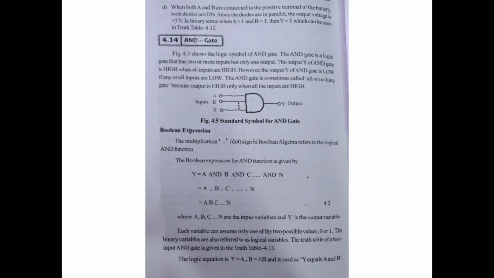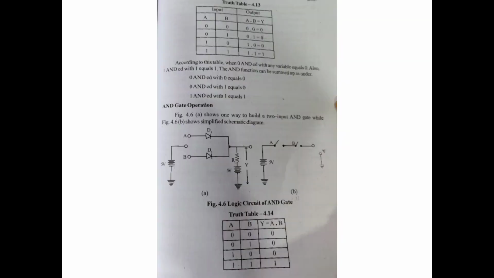The truth table of a two input AND gate is given in table 4.13. The logic equation is Y equals A dot B equal to AB, and it is read as Y equals A and B. According to this table, 0 ANDed with any variable equals 0.